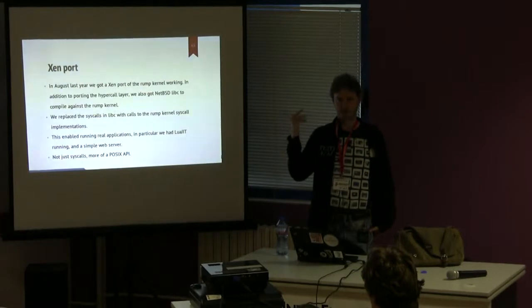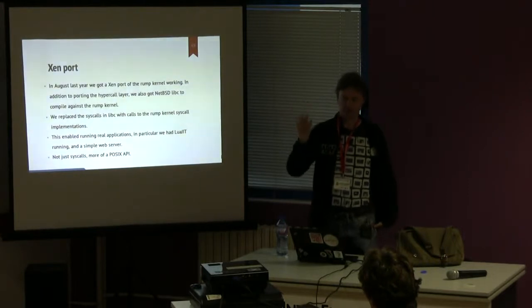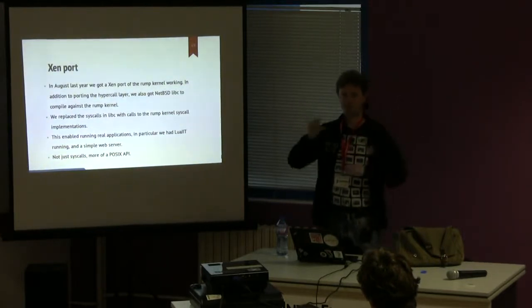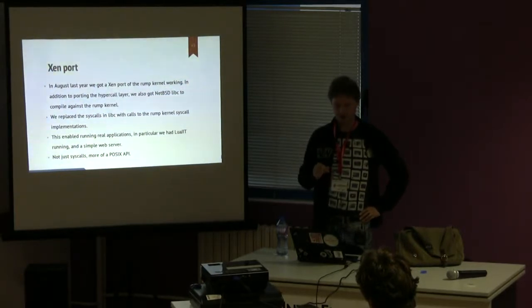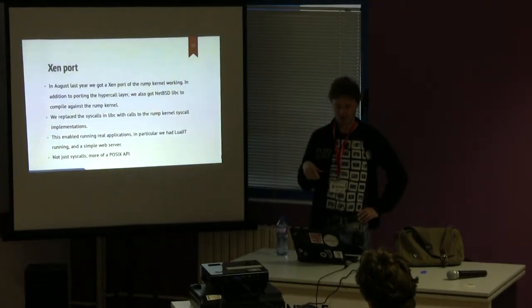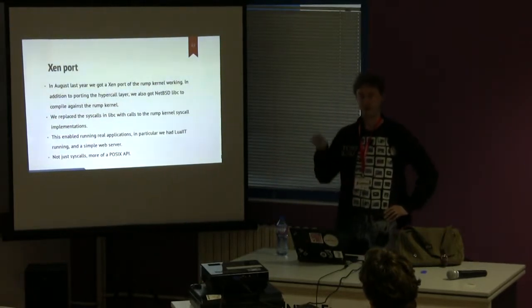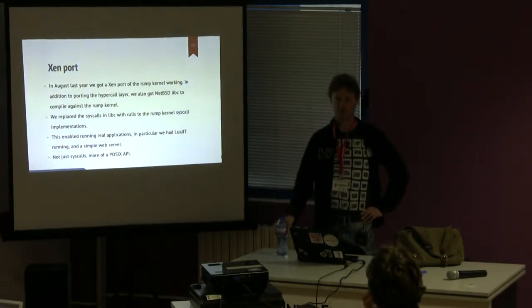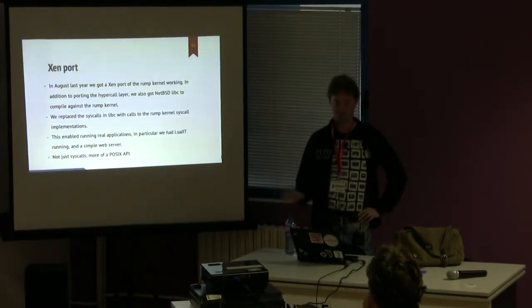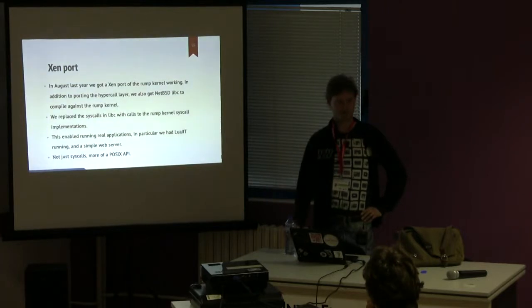So we took NetBSD's libc and basically ripped out the actual system call there that actually just calls the system calls, and just replaced those with calls to the equivalent Rump kernel functions, and compiled the rest of libc with the Xen cross-compiler, and then compiled a library version of Lua, which is relatively straightforward to do, linked it all together, and actually got it to boot and got it to run the Rump kernel test suite, and everything works fine.